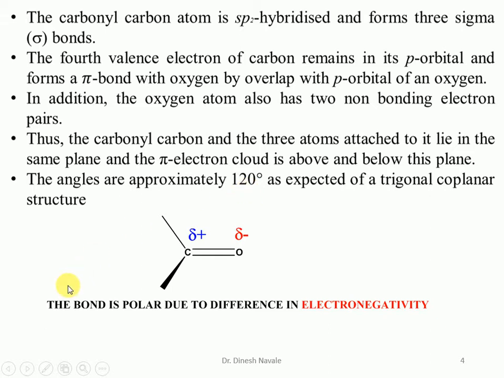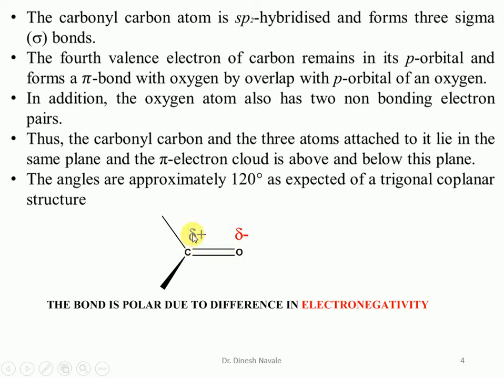Now the bond is polar due to the difference in electronegativity. As we have seen, the carbon atom contains a delta plus charge and the oxygen atom contains a delta negative, partial negative charge, because in the carbonyl group, oxygen is more electronegative than carbon. Oxygen withdraws the electron density of the bonding pair towards itself, making the carbonyl carbon electron deficient.